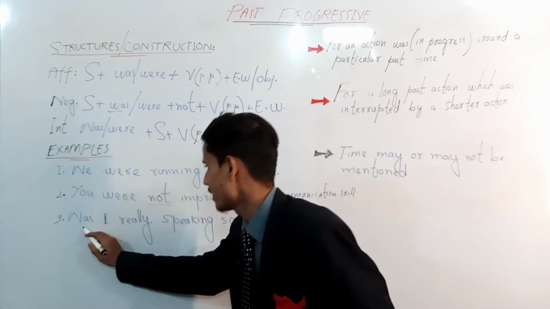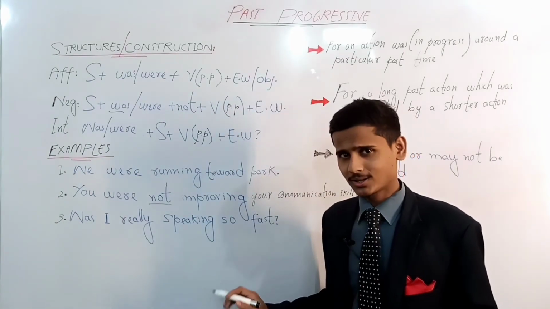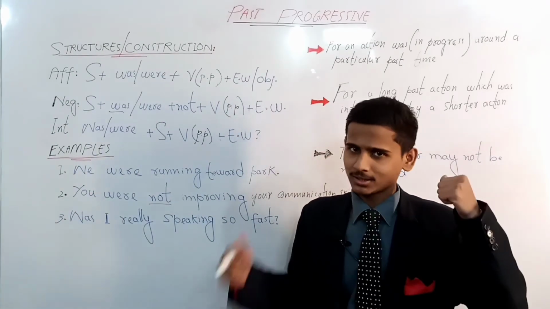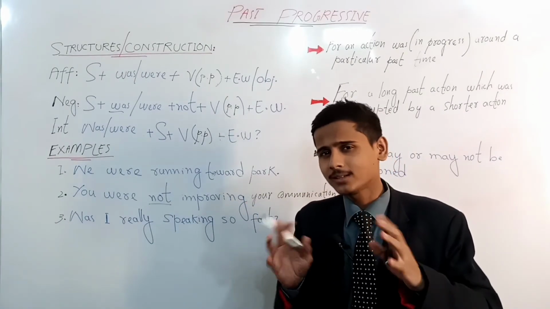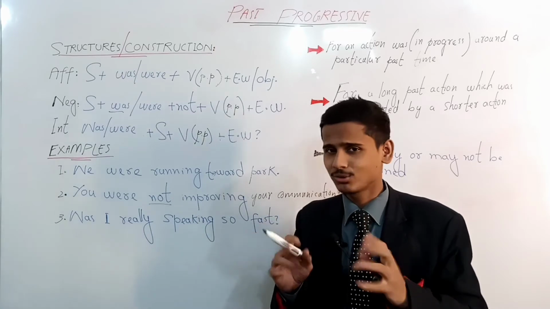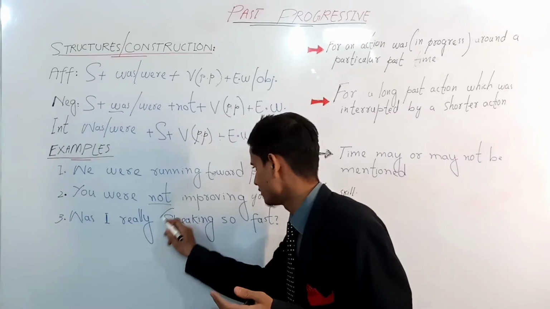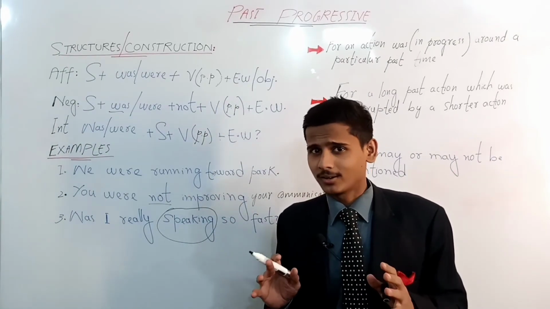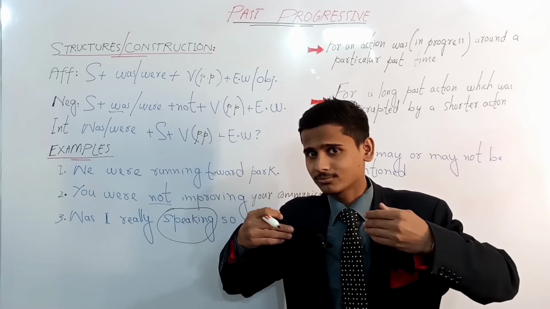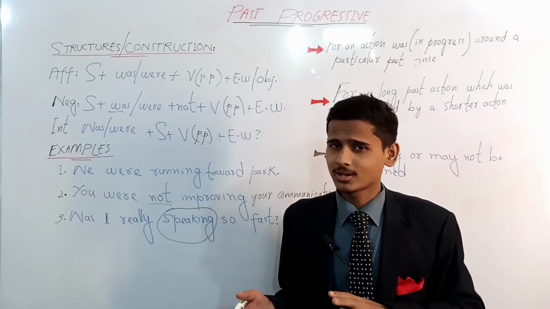Here I'm asking, was I really speaking so fast? Even this sentence refers back to the past, in a particular situation. So here I'm asking about myself in a particular situation, was I really speaking fast?